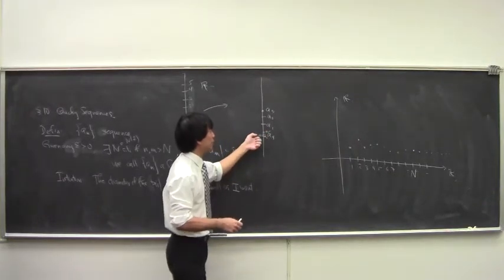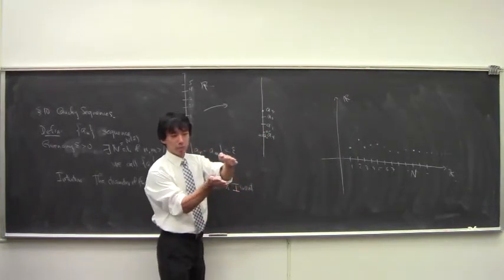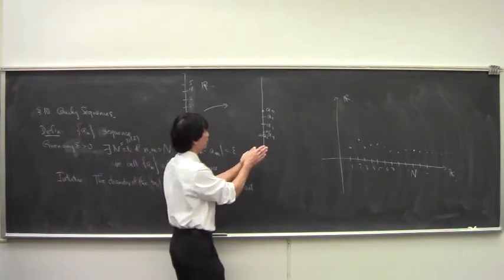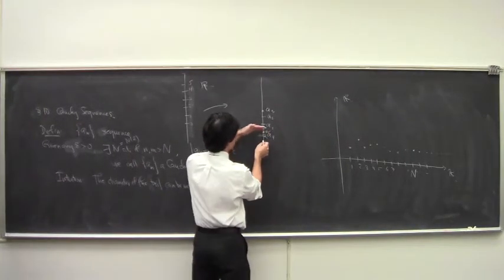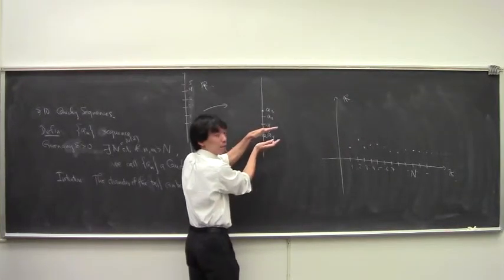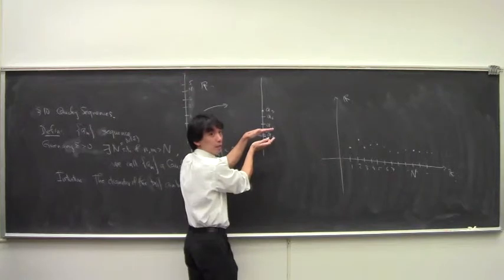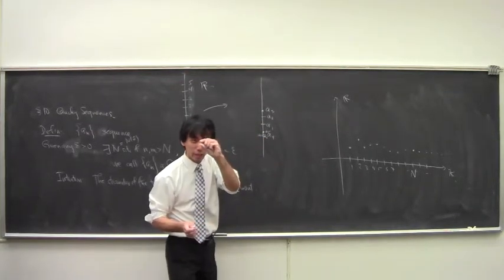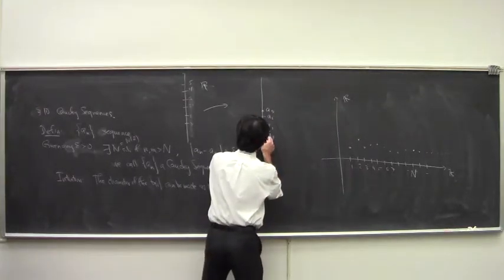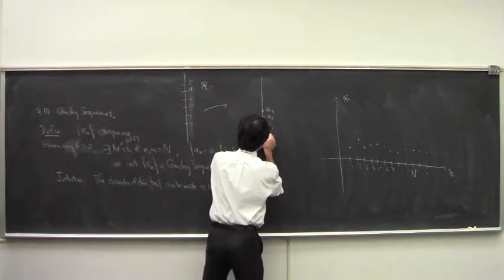If I said, I'd like everybody to stay within this distance of each other, you'd say, oh, look, past time 5, that'll do. And I say, okay, I'd like everybody to stay within this distance of each other, and you'd say, well, maybe past time 7, everybody's within this distance.